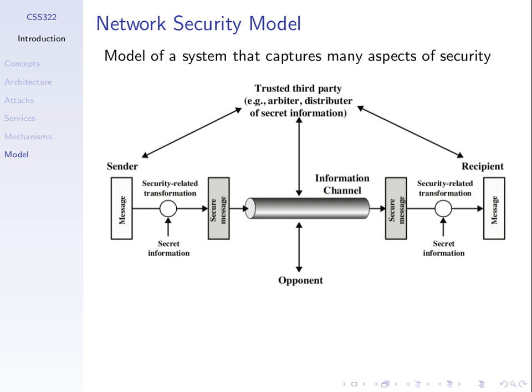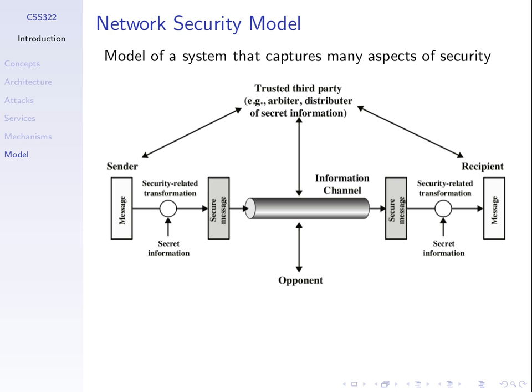What we'll do to make sure that the opponent cannot access that information, and also to provide things like authentication and other services, we'll normally perform some transformation on the original message, say some encryption, so that at the source we don't send the original message, we send a secure message which is taking the original message, performing some transformation and sending across the information channel the secure message.